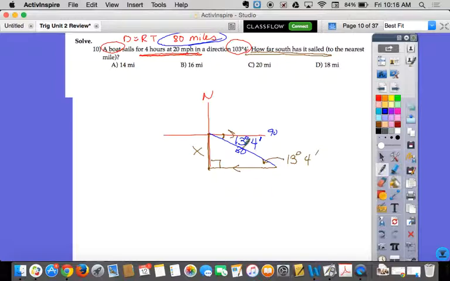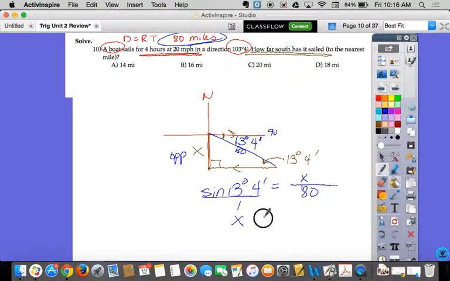So you've got opposite, you've got hypotenuse, that would be sine, 13 degrees, 4 minutes is x over 80. Cross multiply, 80 sine 13 degrees, 4 minutes. And then it's just a matter of typing it in and working it out. Just make sure you do plus 4 divided by 60. And they rounded, so we're at 18 miles.